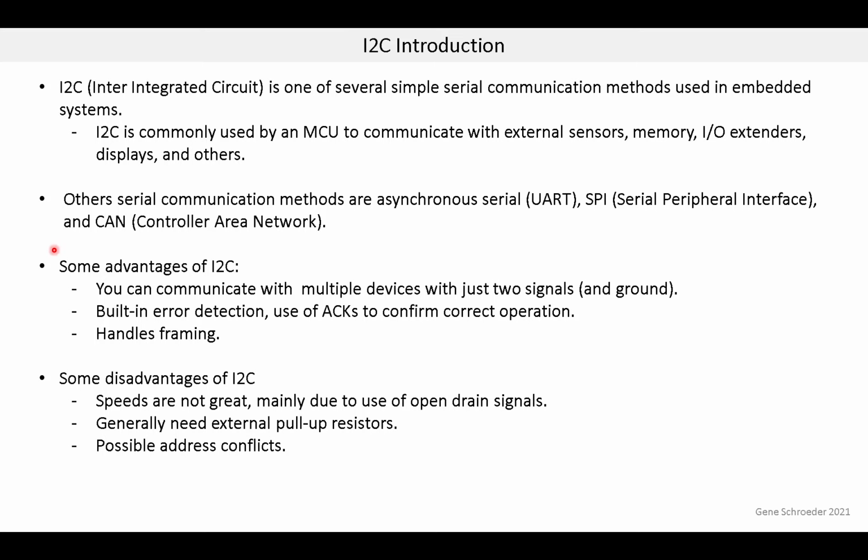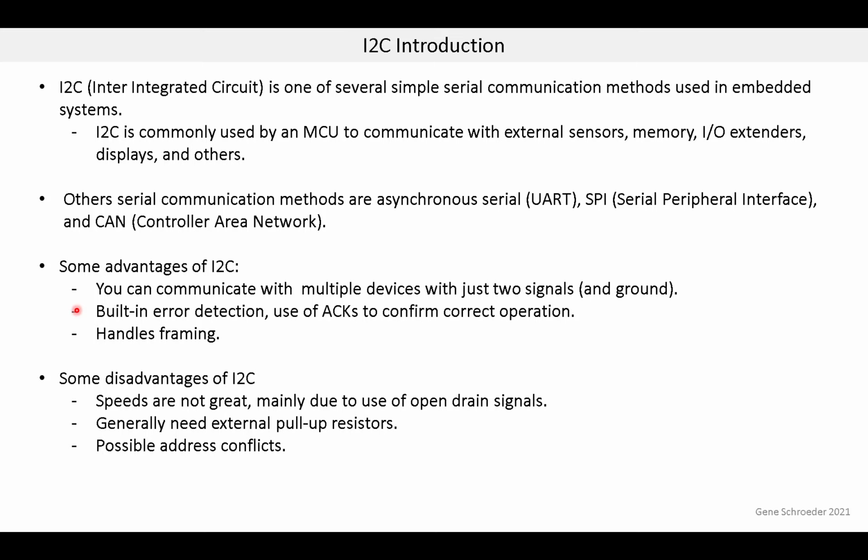So let's start with some advantages of I2C. This first one might be the biggest. You can communicate with multiple devices with just 2 signals besides ground. With SPI, you need more signals, often including one dedicated signal for each device. Another advantage is there is some built-in error detection.